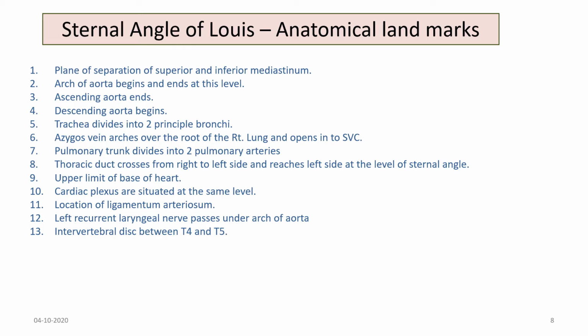This corresponds to the intervertebral disc between the 4th and 5th thoracic vertebrae. The second costal cartilage lies at the level of the sternal angle, so the ribs can be counted from this level downwards.